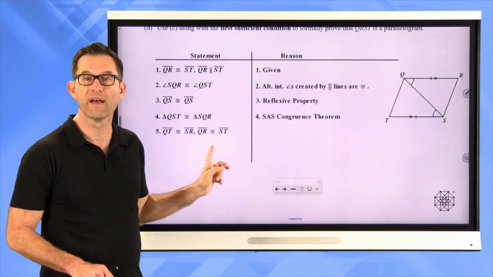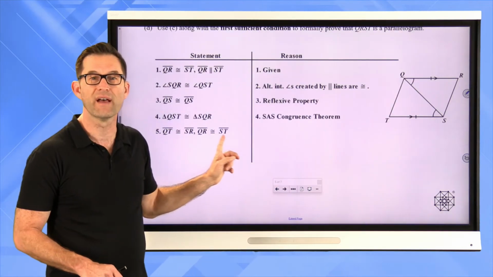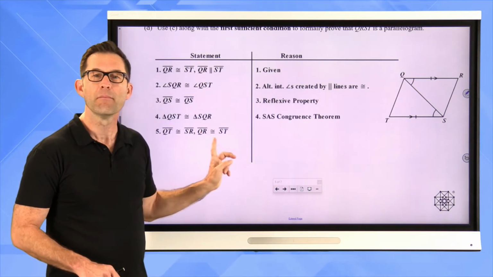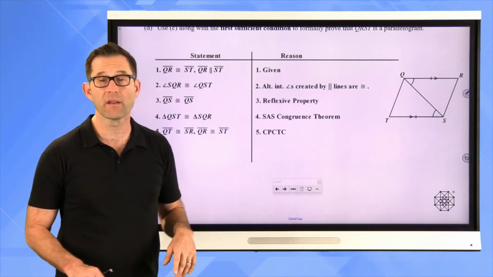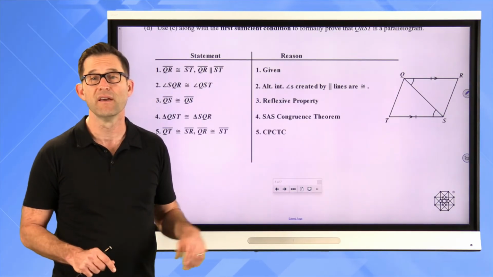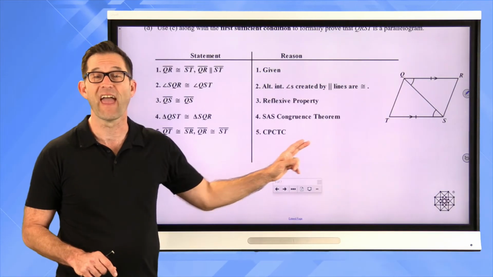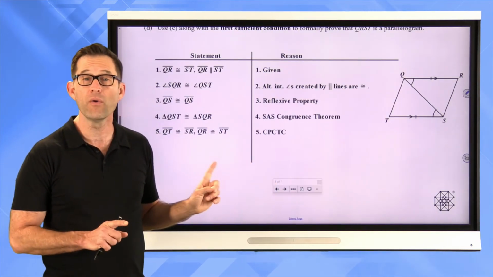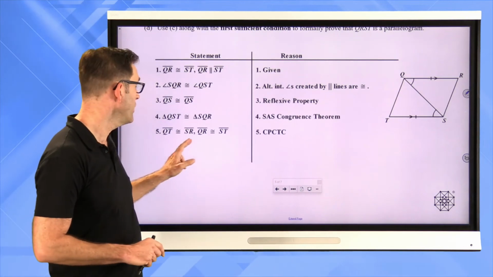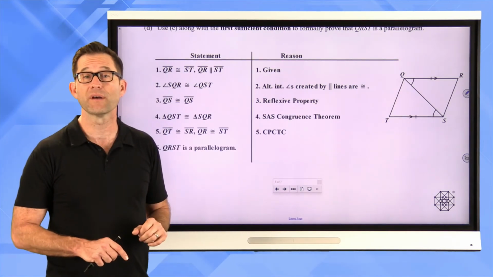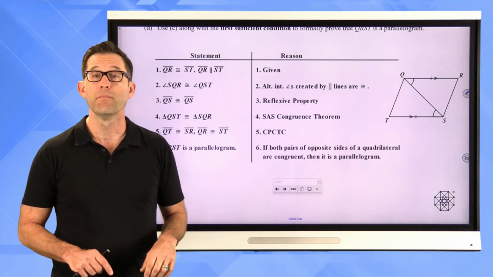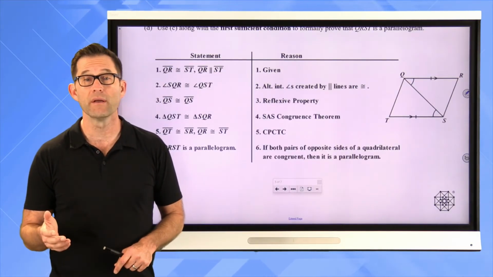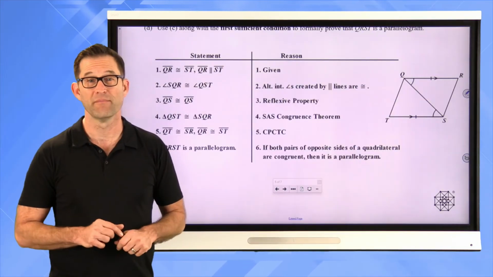QT is congruent to SR and QR is congruent to ST. Now, I already knew that QR was congruent to ST up here, but I like to write it down again, and I'm going to claim CPCTC and given, whatever, it doesn't really matter. I now know that both of these pairs of sides are congruent, so I can now say that QRST is a parallelogram, because if both pairs of opposite sides of a quadrilateral are congruent, then it is a parallelogram, right?